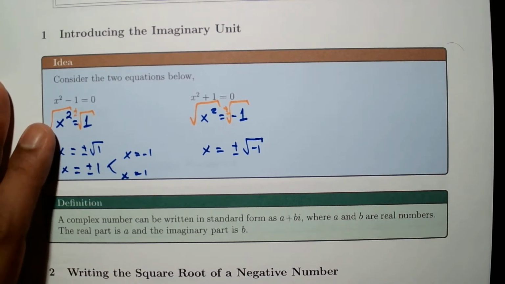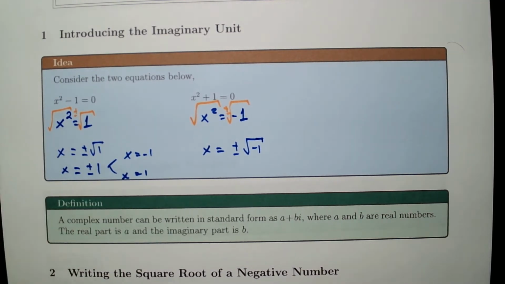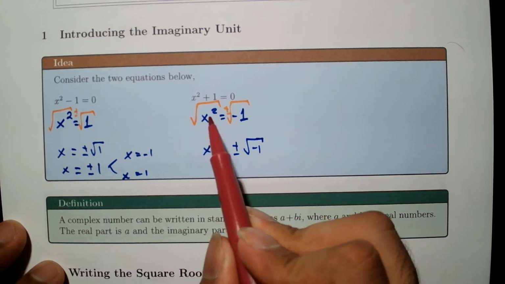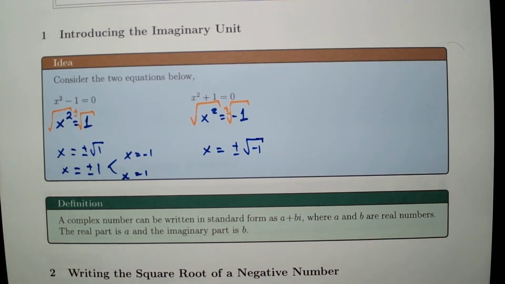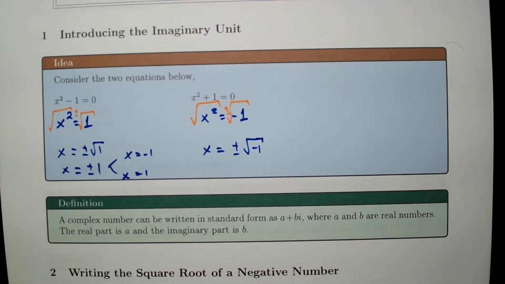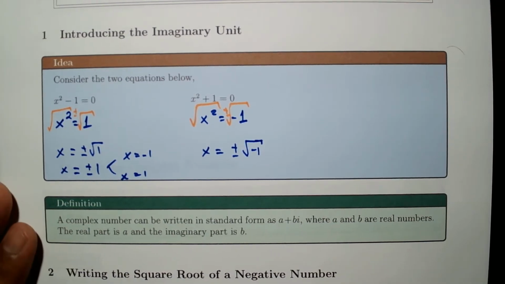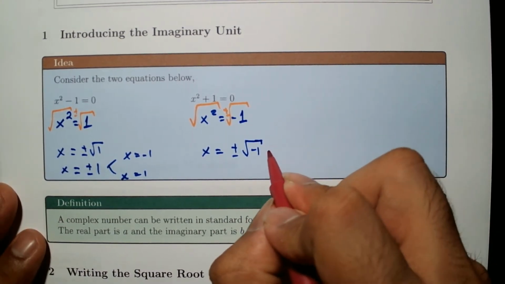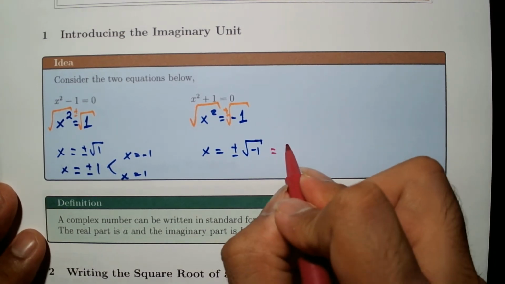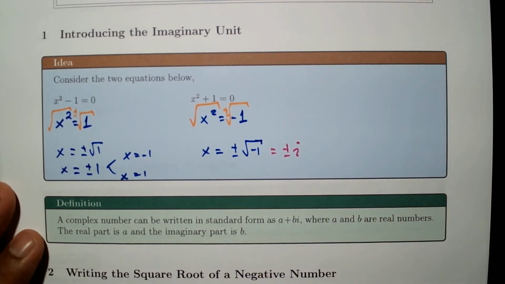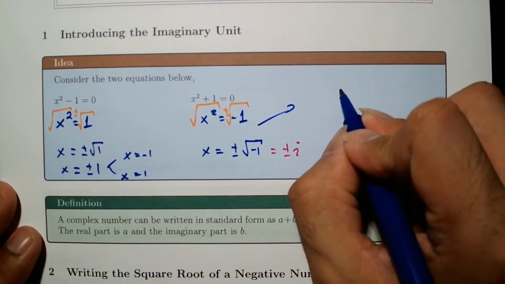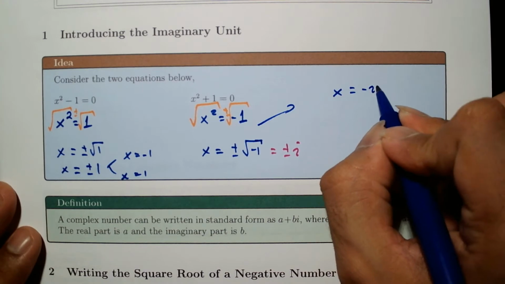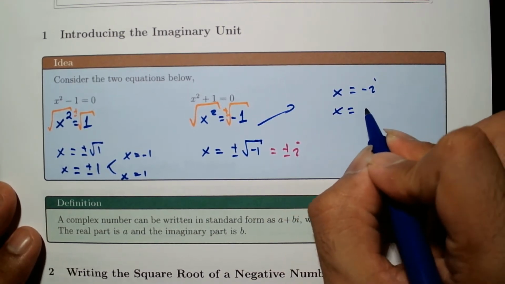So since apparently there is no number whose square is a negative number, we introduce an imaginary number. That's called the imaginary unit. And so that's why this will be plus or minus the letter i. Let me write this again: x equals -i and x equals i.